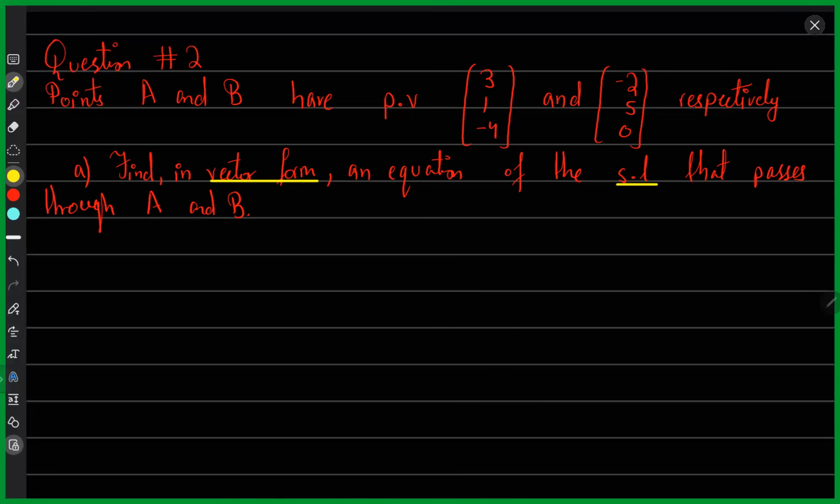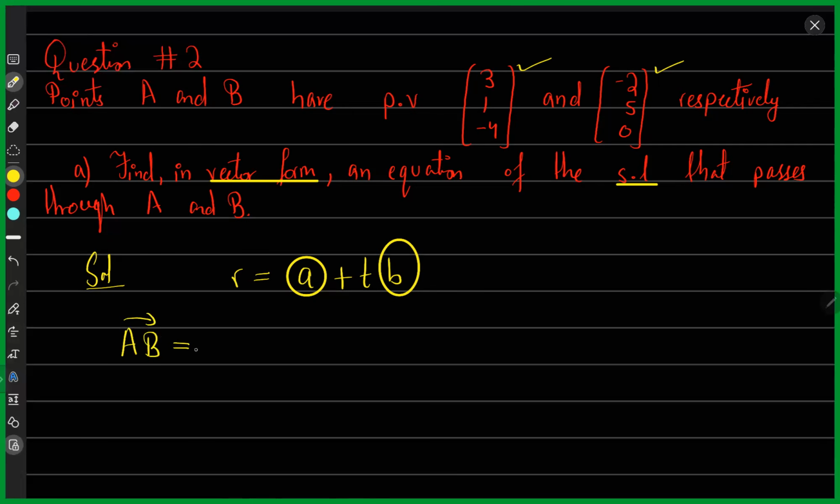And we know that the solution is r equals a plus t b, where a is the position vector of a point lying on the line. We have 2 points. You can use any of these two. And b is basically the direction vector of the line. So let's talk about that first.